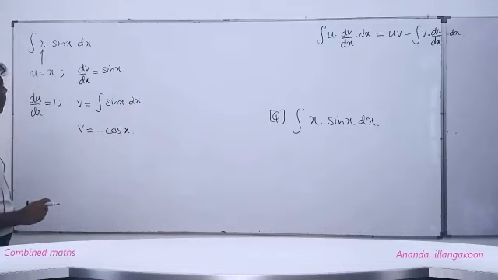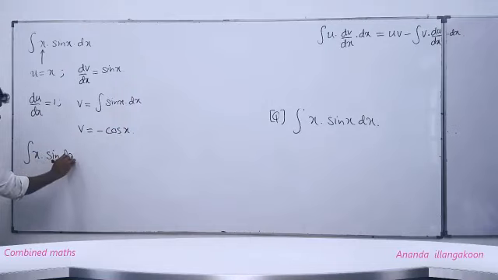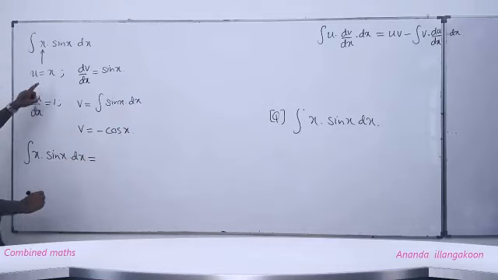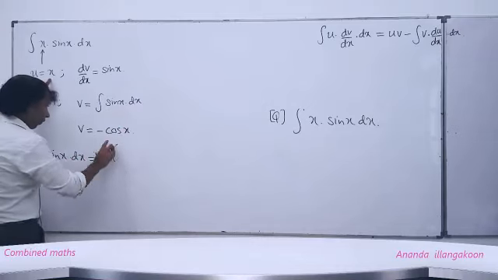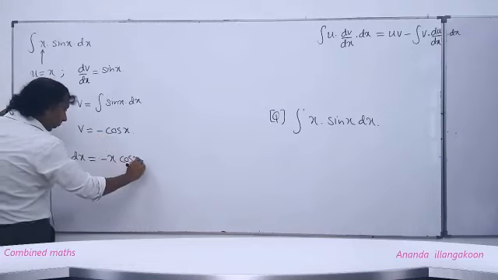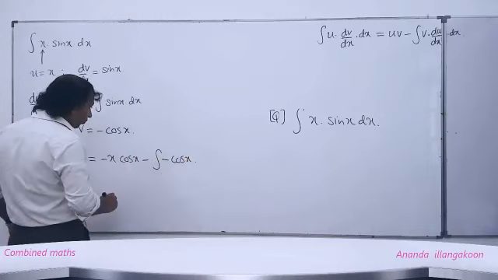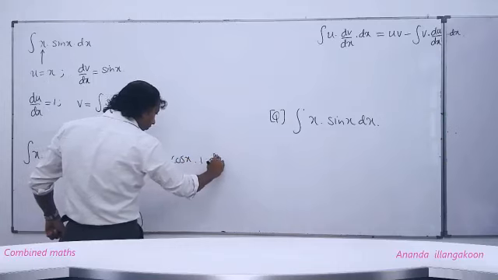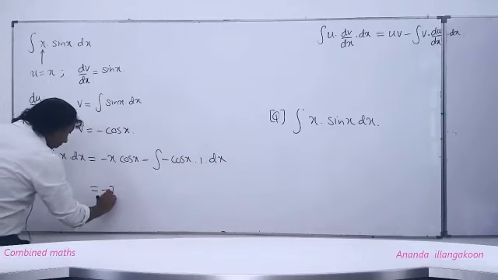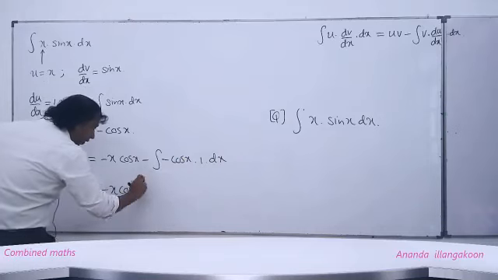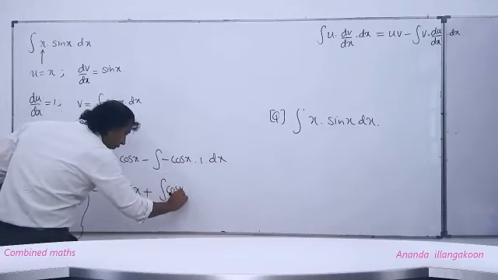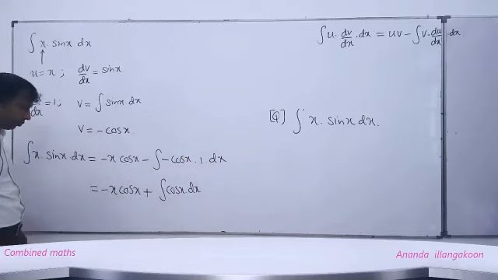Right. Now we can write the integral of x sin x is uv, x into minus cos x, minus the integral of v du by dx, that is minus cos x into 1. So minus x cos x, take this minus sign out, plus the integral of cos x dx. The integral of cos x is sin x.